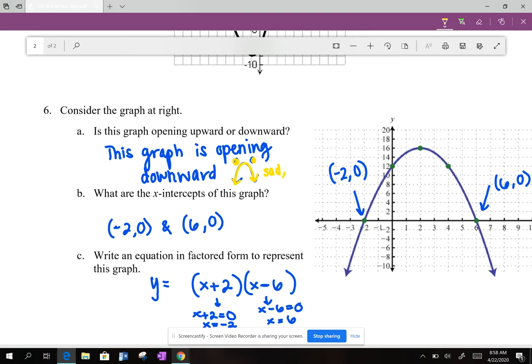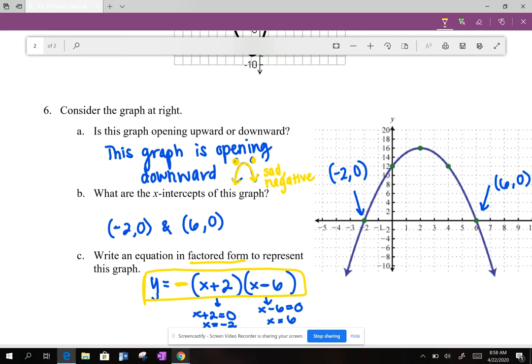When you're sad, you're feeling negative. And when your graph is feeling negative, you need to put that out front, at least for factored form. Okay. So there we have it. Y equals negative parentheses x plus 2 times x minus 6.